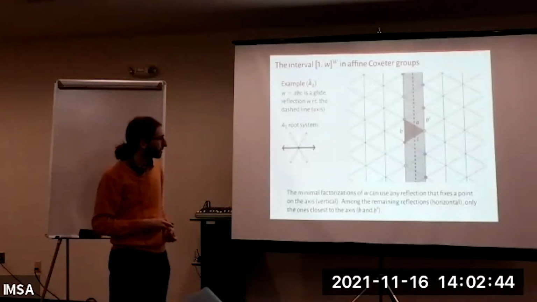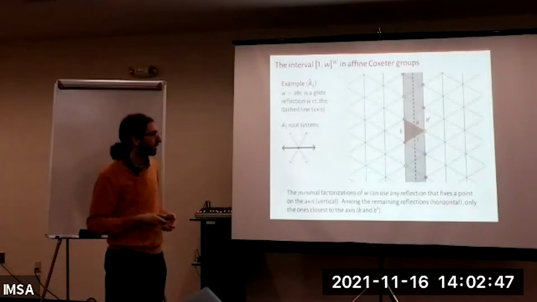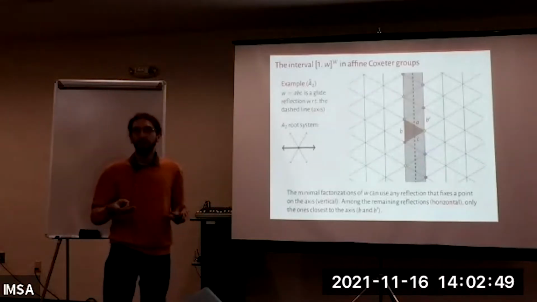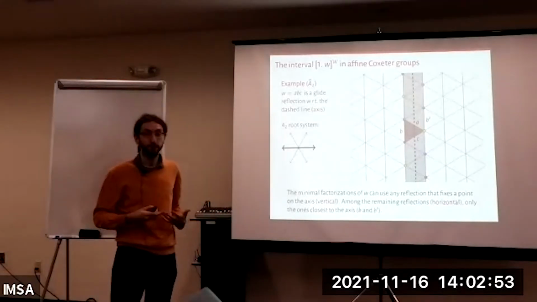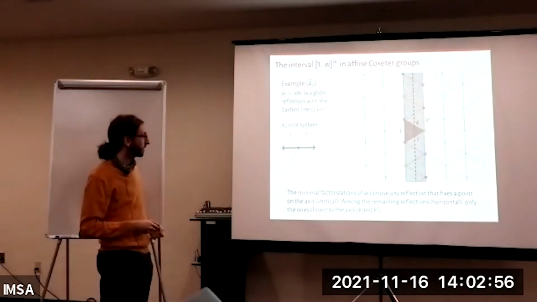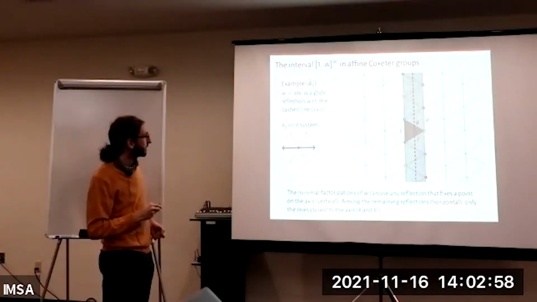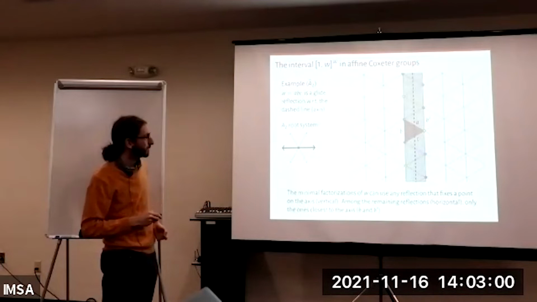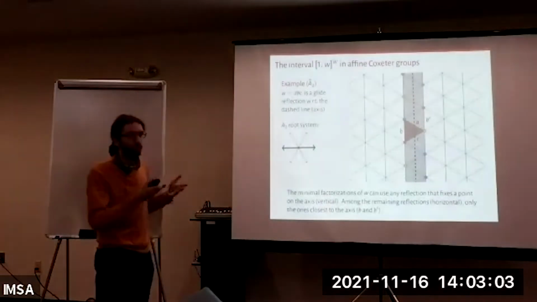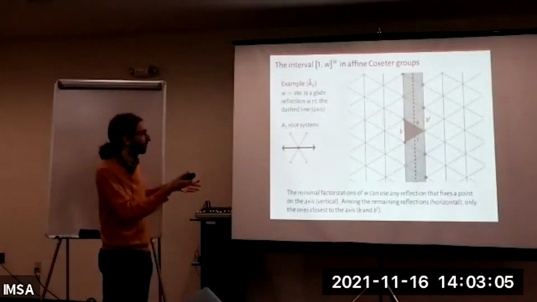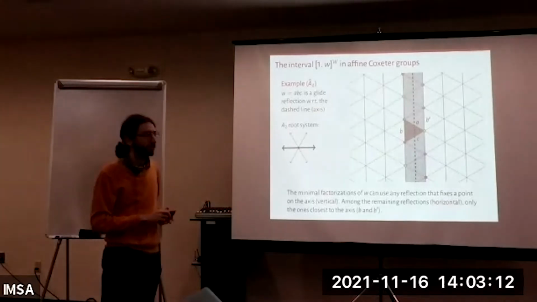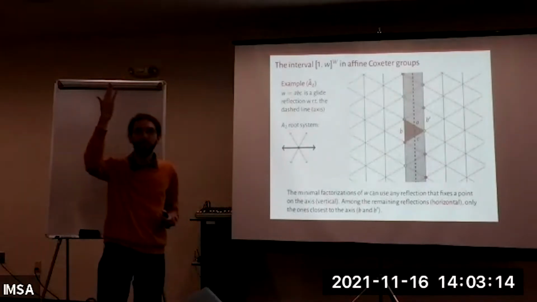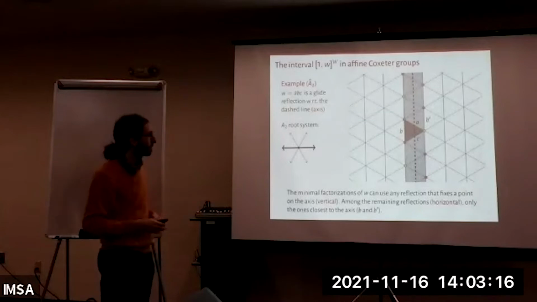Okay. So basically, we need to understand what are all minimal length factorizations of a Coxeter element as a product of reflections. So a Coxeter element ABC, if you see it explicitly, it is a glide reflection across this axis. So basically, it reflects and translates upwards. This is what it does.